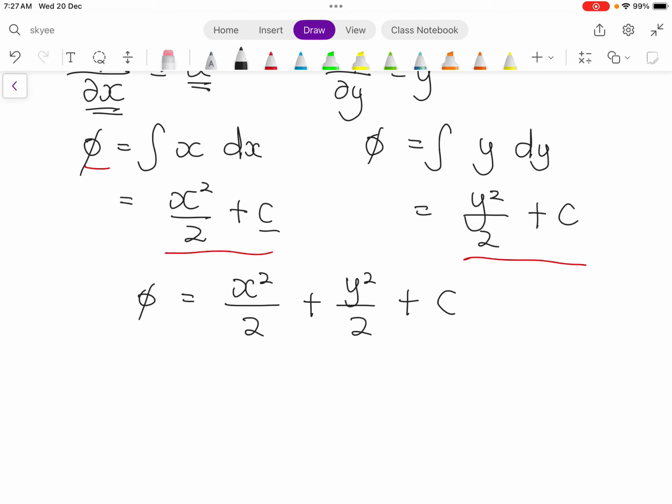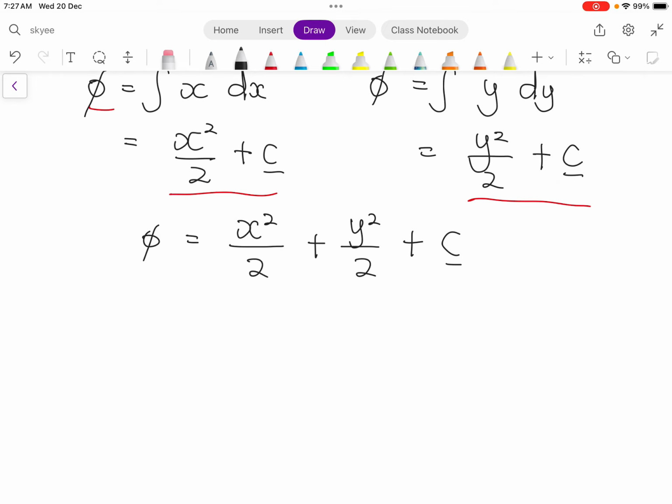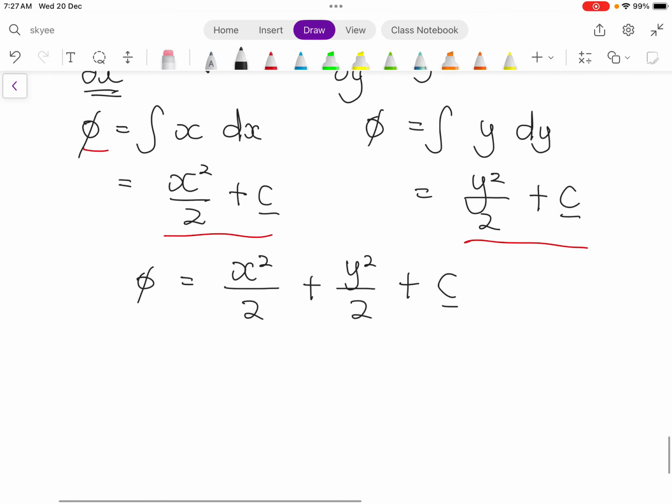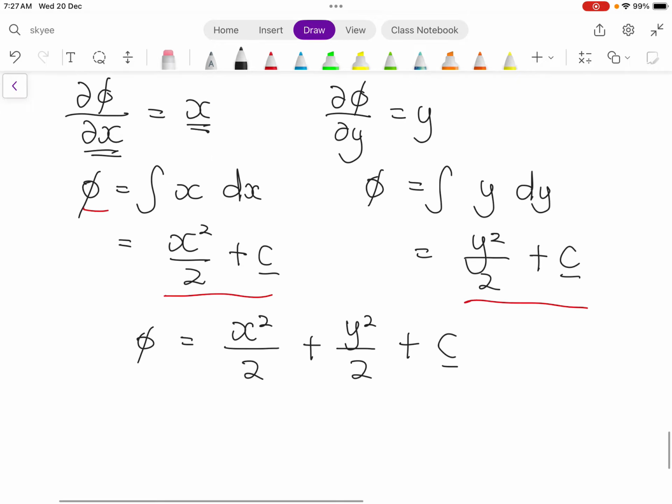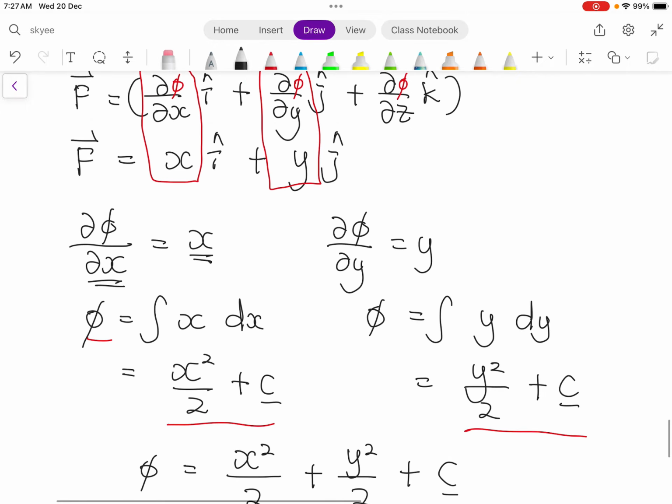We assume this c and this c combine to be c, just any constant. So now we get the potential function that is asked in question A. You can try putting this potential function over here.